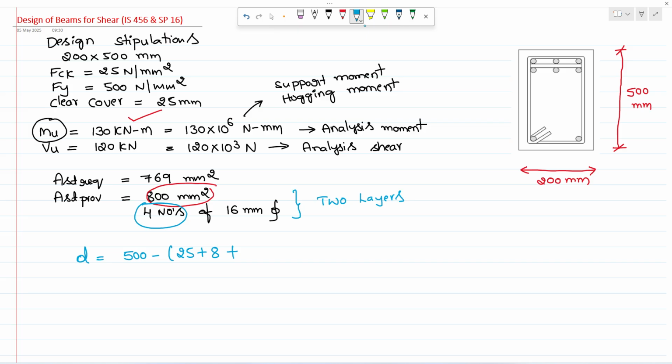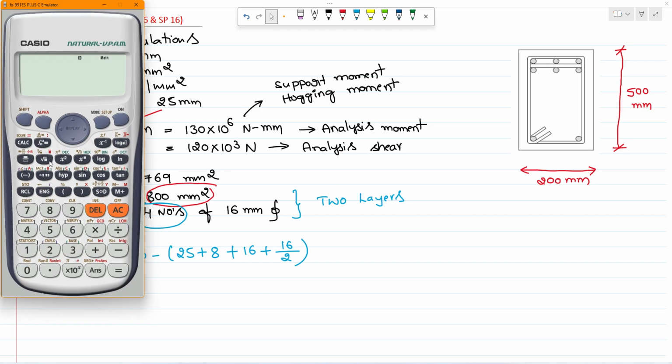So 16 plus 16 by 2. So let me calculate the effective depth. 500 minus 25 plus 8 plus 16 plus again 16 by 2, it is 8.